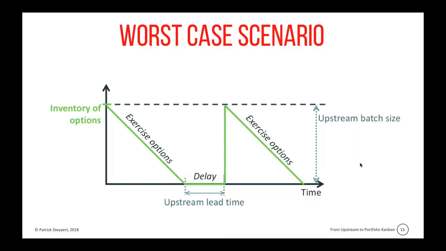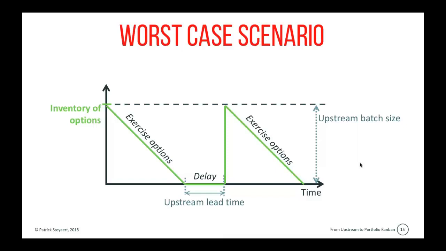But again, if we wait too long, up until the point where our inventory is empty, we get an empty inventory and a delay. Each time we have a delay, our downstream team is starved from work, and so we lose capacity in the downstream team, which is something we want to avoid at all costs. As I said, this is a worst case scenario.